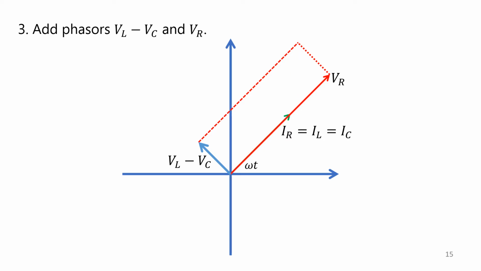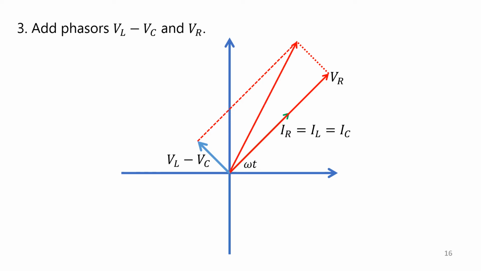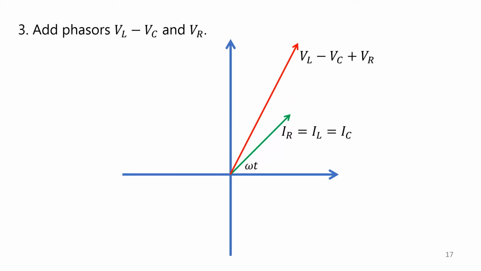Again, true enough, our total sum or total voltage phasor should start at the origin and end at that corner. Clearing the rest of the component phasors, we can see that the voltage sum in red is misaligned from the current phasor in green. This confirms our earlier phasor diagram that the voltage sum is out of phase from the current.